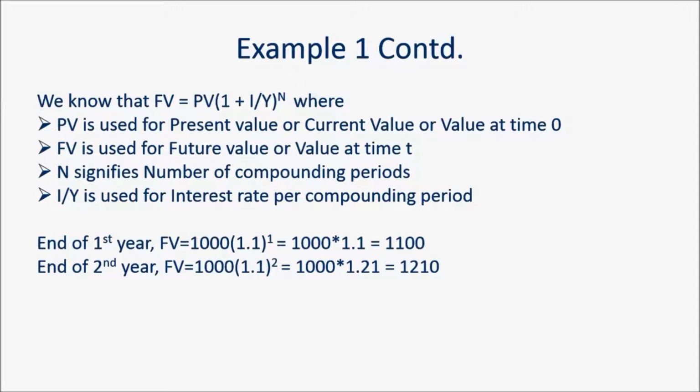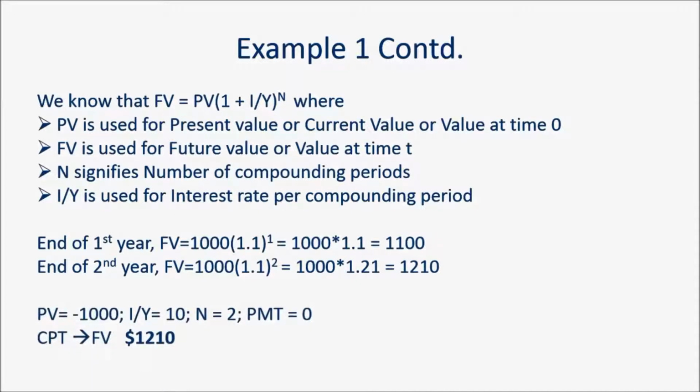You need to get comfortable doing these calculations and you should be able to do these on BA II Plus calculator. Let's try and see how we can do it on a BA II Plus calculator. We will enter PV or present value as a negative 1000, negative as this is a cash outflow, you are investing money.